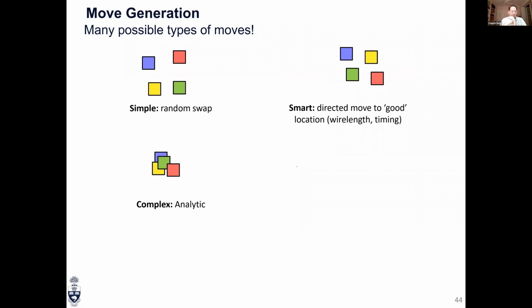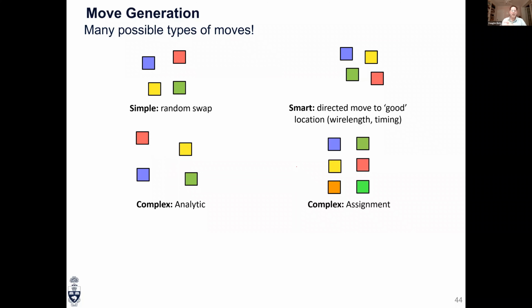You can have even more complex moves. So you could run an analytic placer, which is a matrix formulation, to minimize some function on a portion of your placement. You could do an assignment operation. So an assignment operation looks at a bunch of blocks at once, and if it ignores the interactions between them, just considers the interactions to the rest of the placement, it can basically produce, this is the best place you should put these, for example, for wire length.